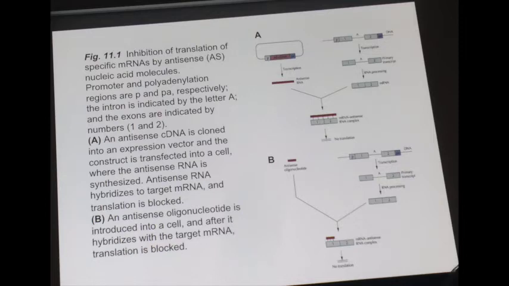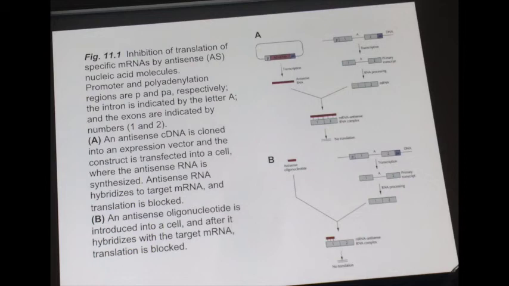This is shown in B. We have the same thing, just a small variation. Instead of having an antisense RNA that's the whole gene, or the whole cDNA, we have an antisense oligonucleotide. So we have a portion. It could be a small portion, it could be a big portion. But we'll just talk about the antisense oligonucleotide.